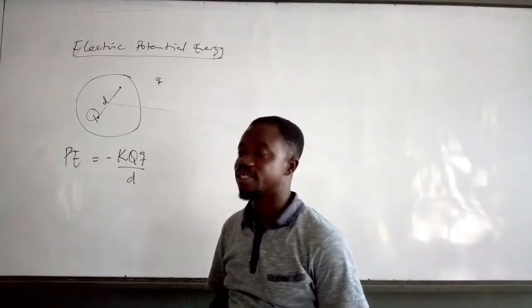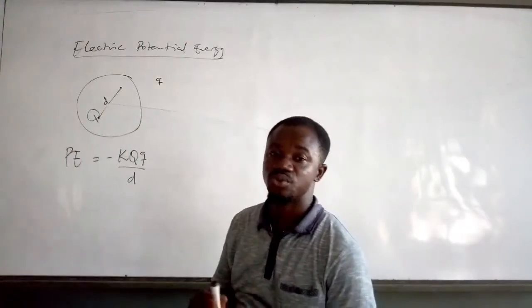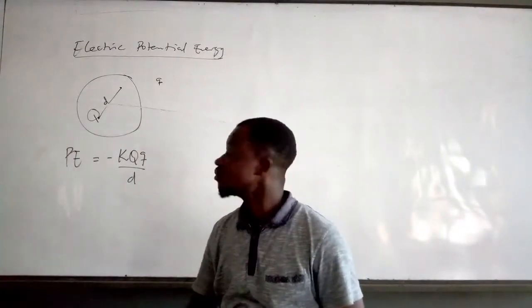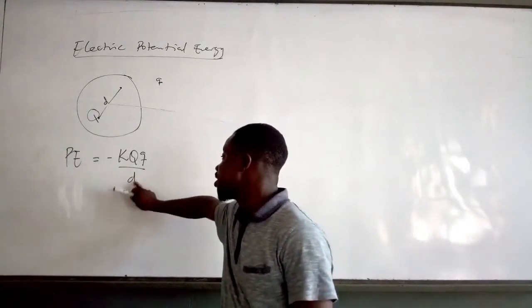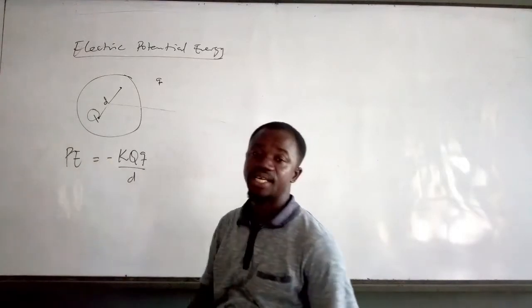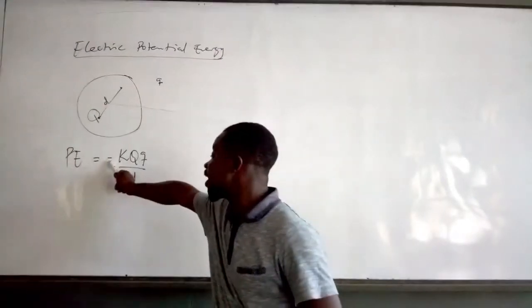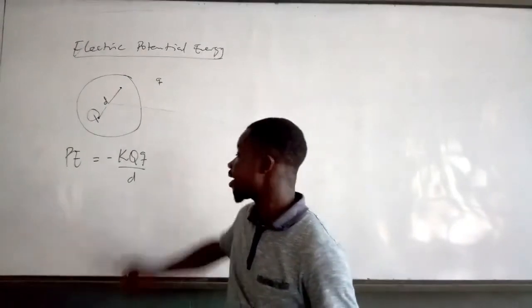All right? Now look at this. The potential energy we know already is directly proportional to height. But as you can see, the potential energy here is inversely proportional to the distance. So in order to make the potential energy directly proportional to the height, we add the negative. So the negative sign makes the potential energy become proportional to the height. You understand that?